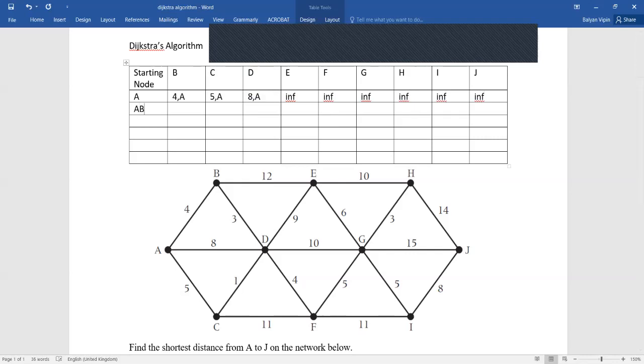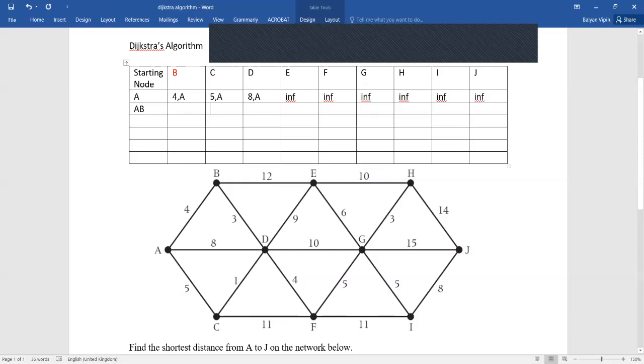So you will write A, B. It means you start from A and then you will move to B. From A to B, this cost remains the same. So you don't need to write anything for this. Or you can say you already selected this node. So let me change B to red color, to show that I already used this node. In a similar way, we already used A also, because A is the starting node.